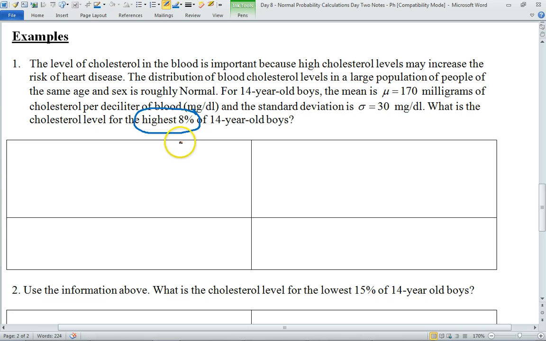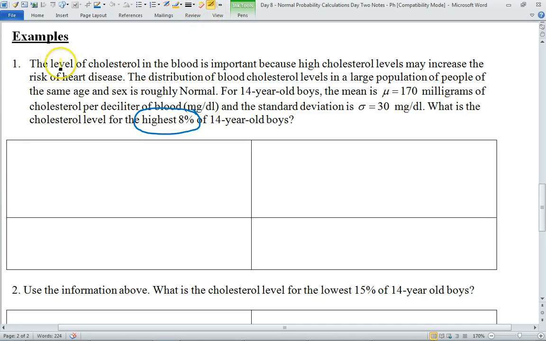And I want you to find the value that would trigger that percentage. So this is one of those working backwards problems. One more time, if you're given the percent, that's when you have to start with the chart and work backwards to the x value.